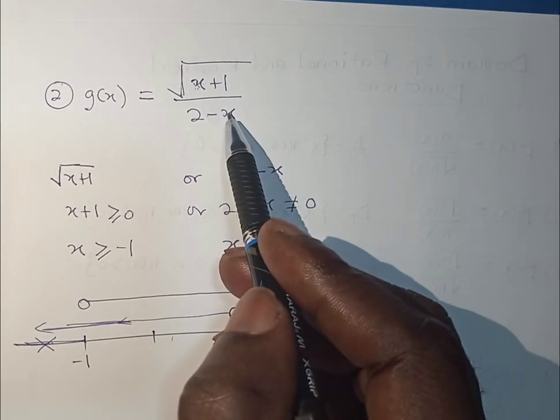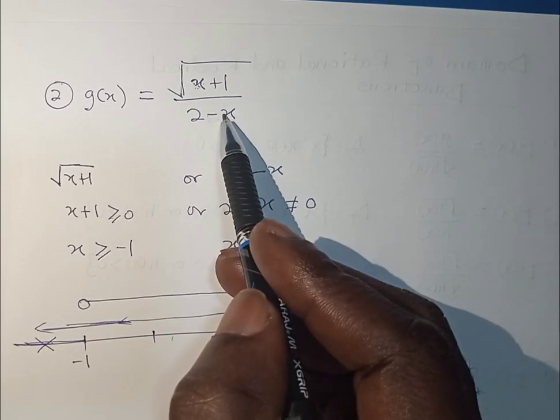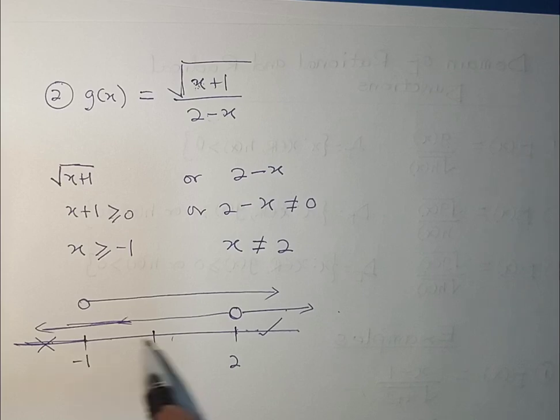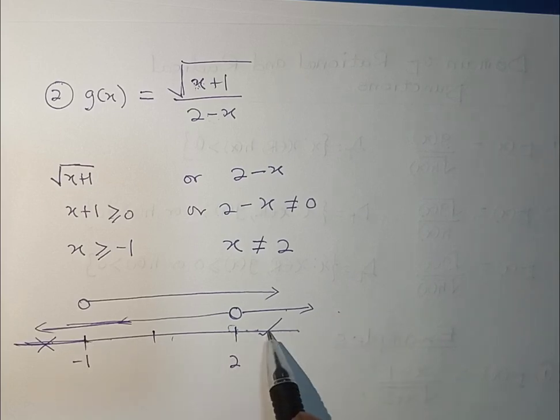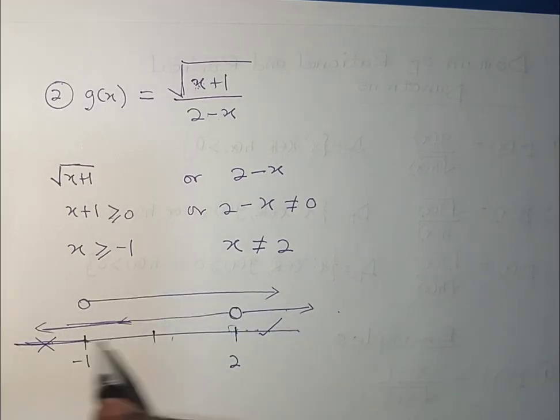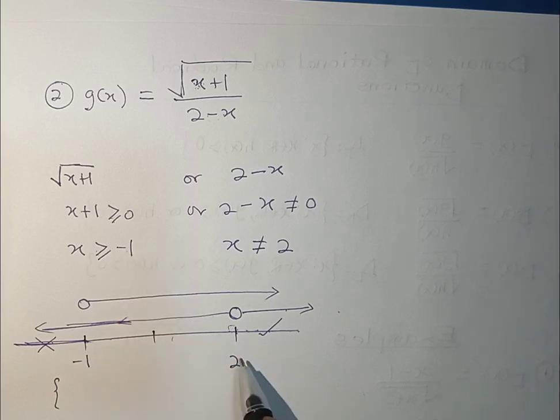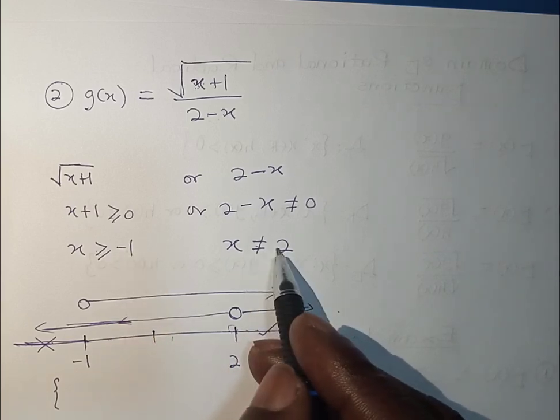Yes. If I put 1 here, will the function be defined? Yes. So you can realize that we can start from -1 to 2, except the 2, and then the rest. Then from here to here will satisfy.